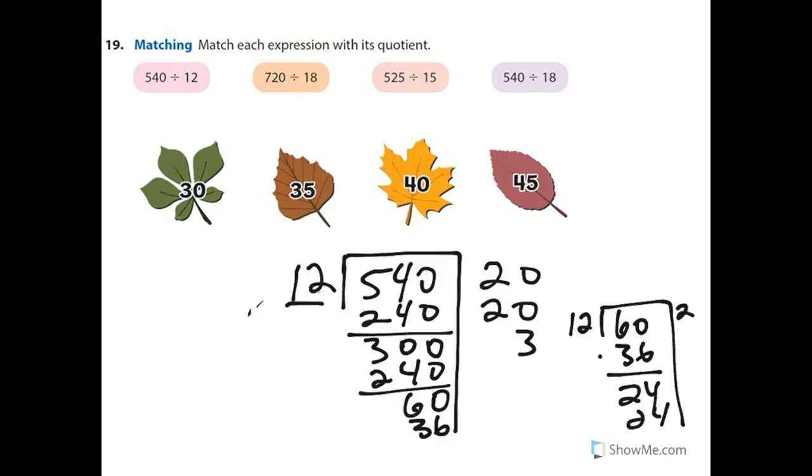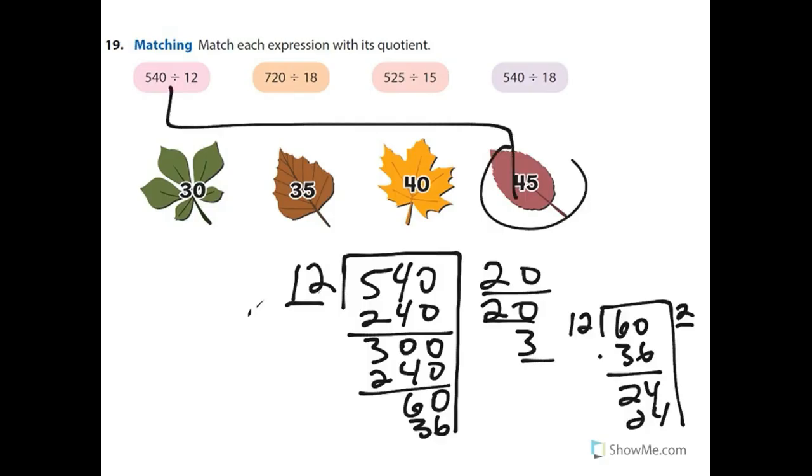Yeah, 24. So I'm going to add all these up. 20, 3, and 2. What do I get? 45. Now notice when I do this, when I put it over here for extra room, that I have the 12 into 60 there. See, 12 into 60.